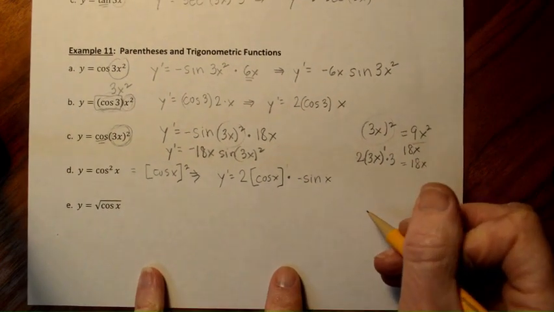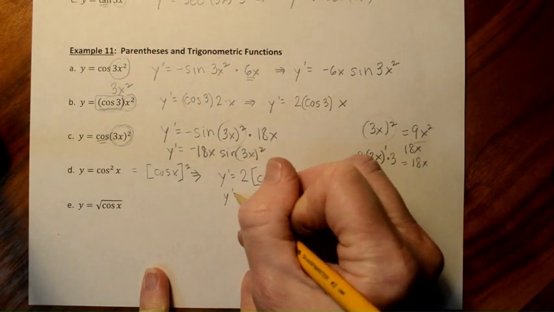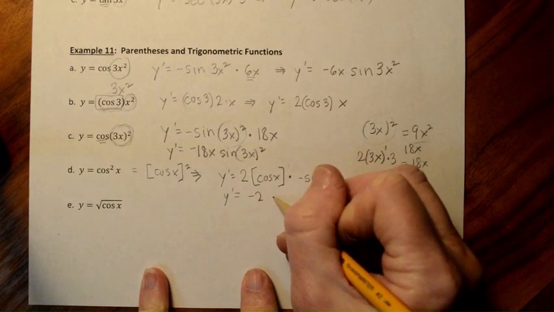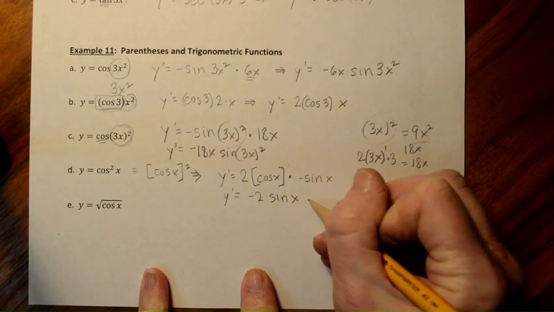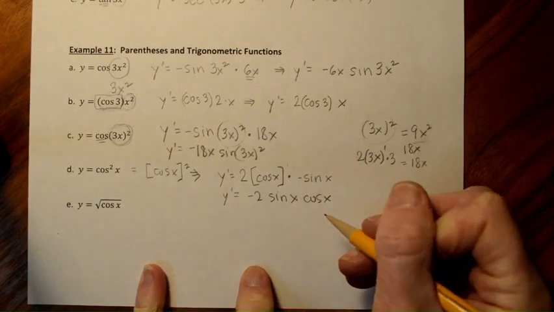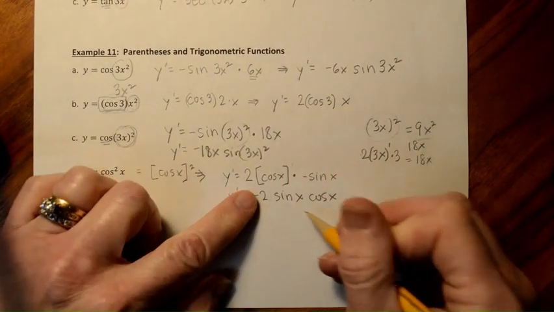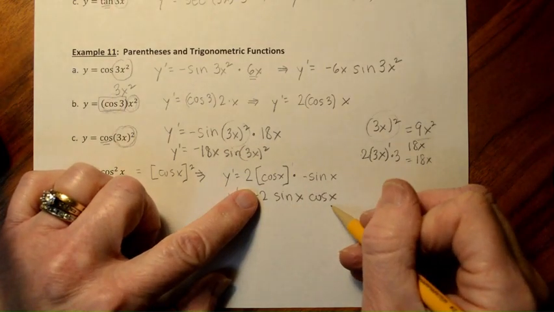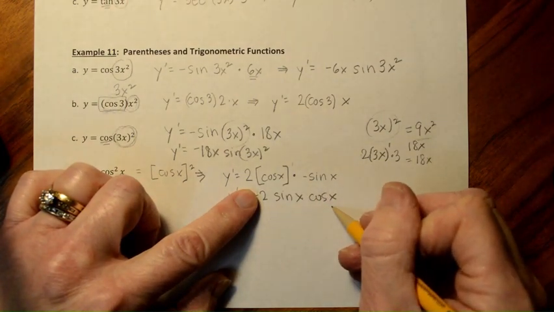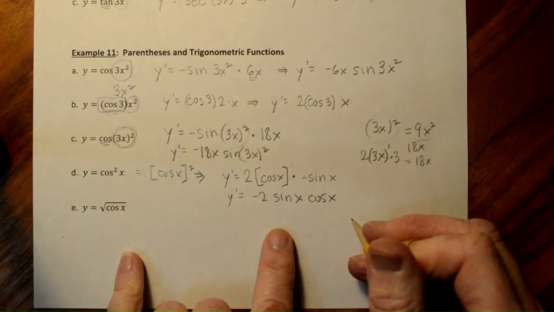All right, so we end up with y prime equals negative 2 sine x cosine x. And we're just going to leave it like that. The 2 sine x cosine x is a trig identity, but let's just leave it like that.